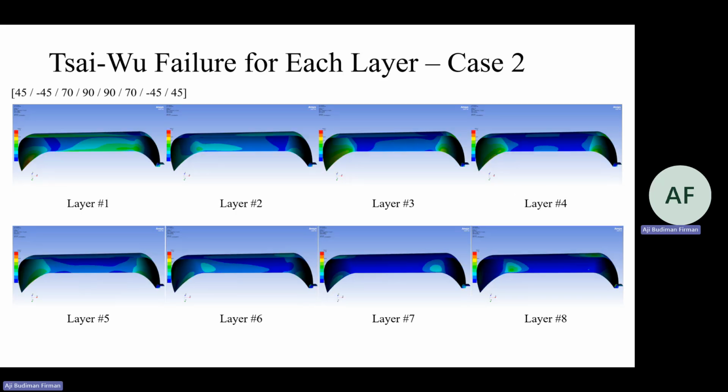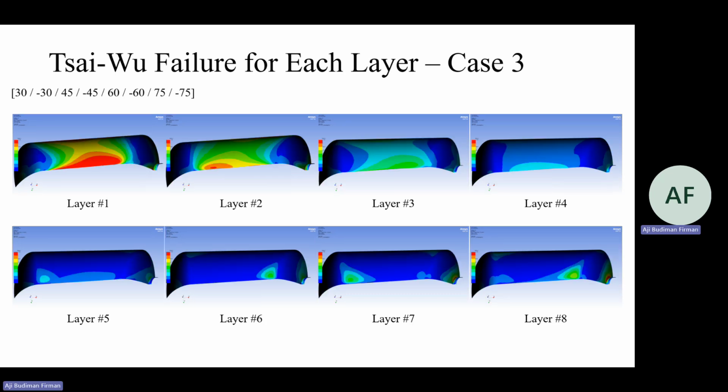Compared with case 1, case 2 shows higher failure risk because ply 4 and ply 5 exceed the failure limit. Both plies are 90-degree plies, which are related to the hoop direction, and the contours show that the high failure index is concentrated around the boss and the dome area.